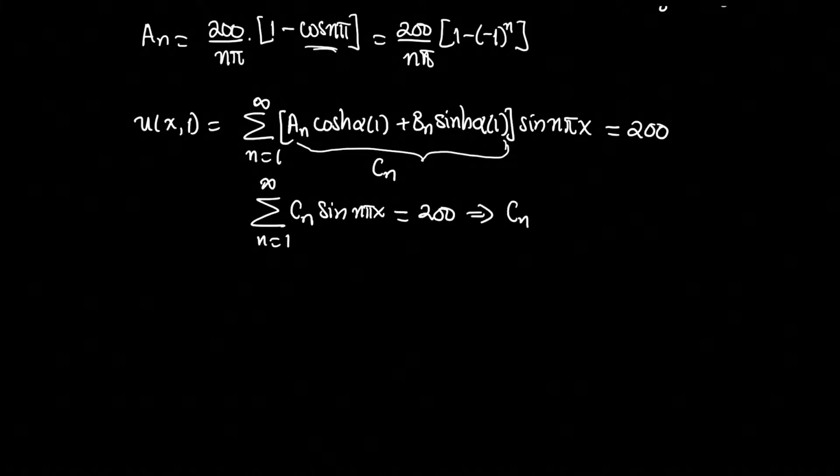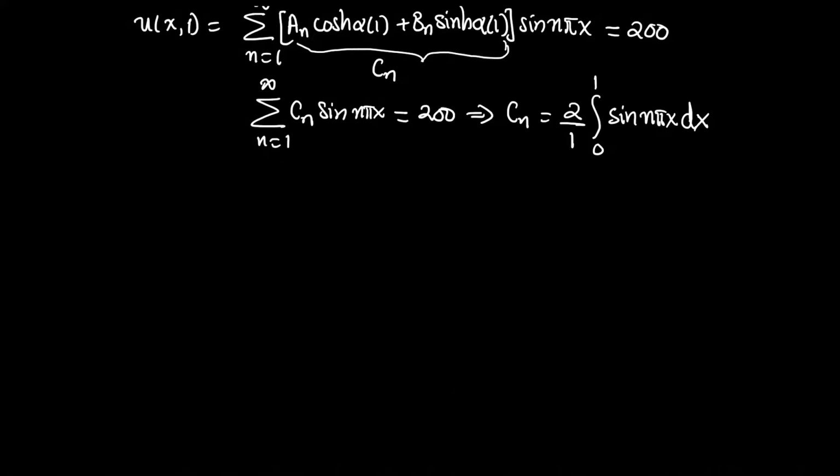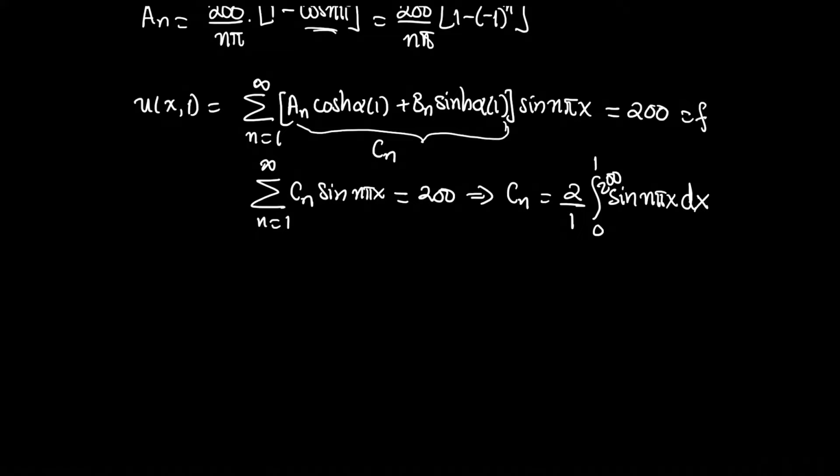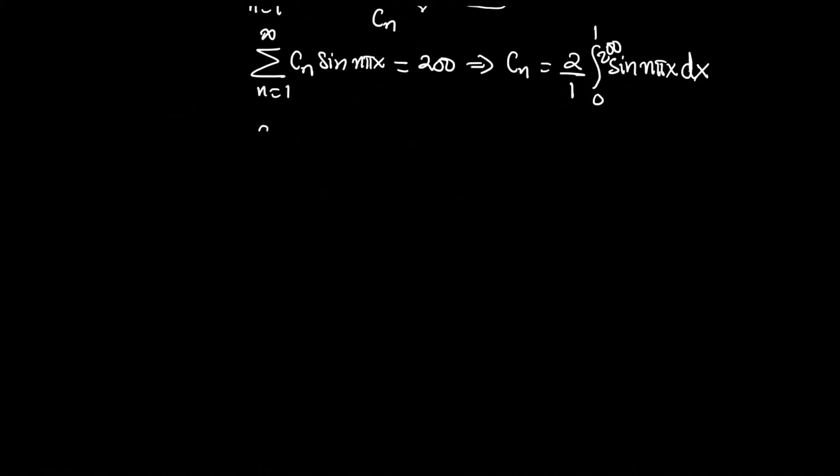From Fourier, 2 over the length, 0 until the length, then you have sine n pi x dx. Okay, 200 here. It's 200 because this is the function, f(x) for the formula. Then you have C_n equal to 400, integral 0 to 1, sine of n pi x d(n pi x) divided by n pi.